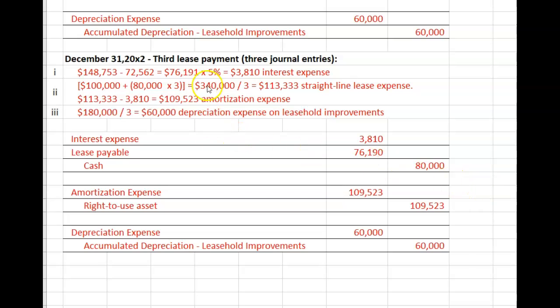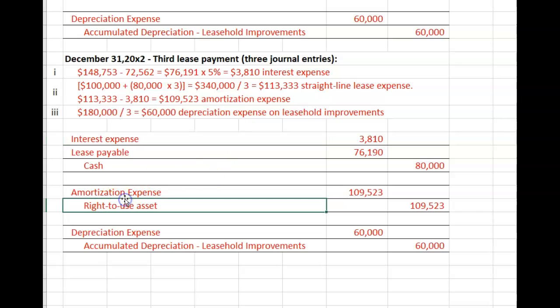The right to use, the straight line lease expense, we had already calculated at $113,333. That's the amount that has to be charged to expense every year between interest expense and amortization expense. So of the $113,333, $3,810 was charged to interest expense, so the difference needs to be charged to amortization expense.